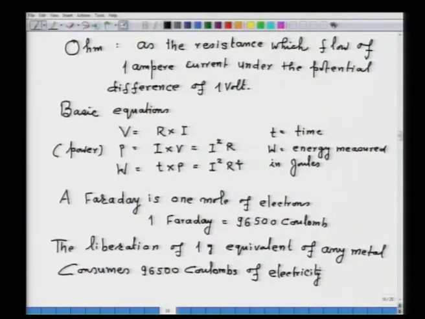These are some of the basic units and dimensions for electric flow.